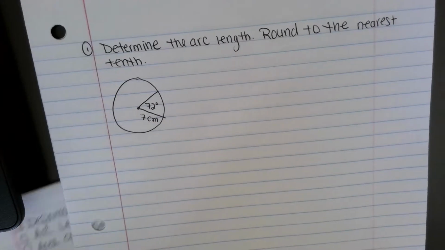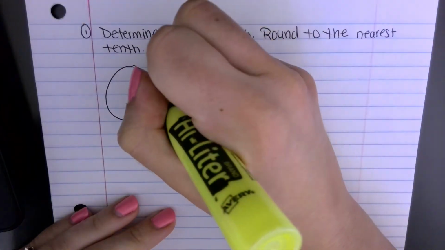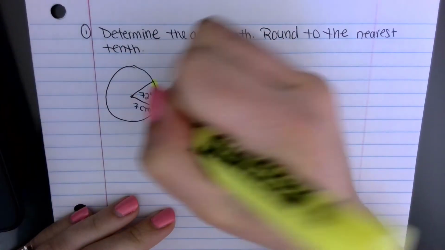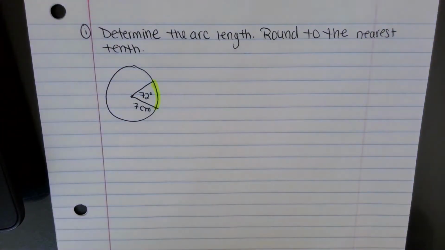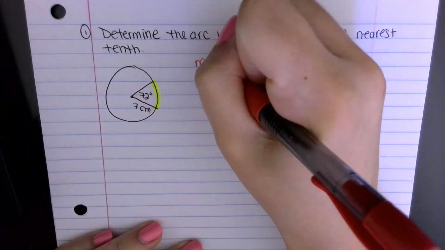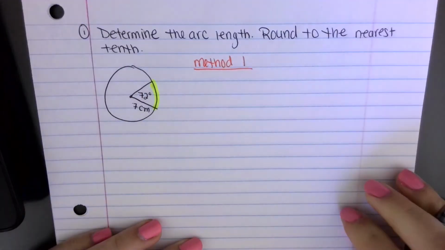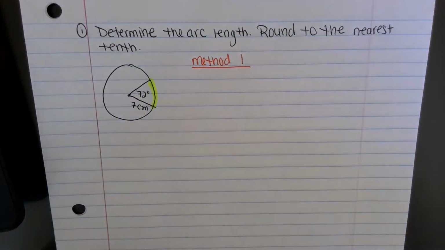Okay, so over here we're going to find the arc length. So the arc length is right here. We're looking for this arc length. So this will be method 1. Method 1 is a visual of proportions and actually shows you how the equation gets derived for the second method.